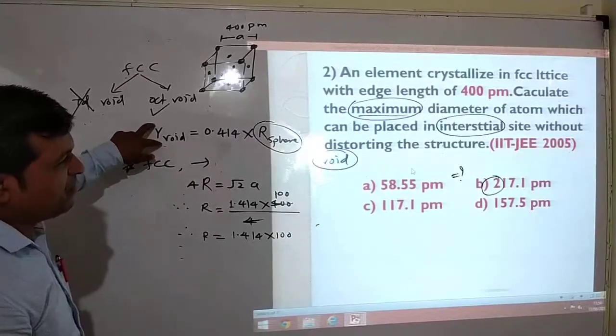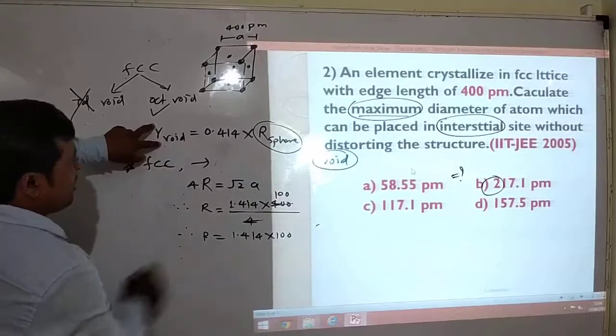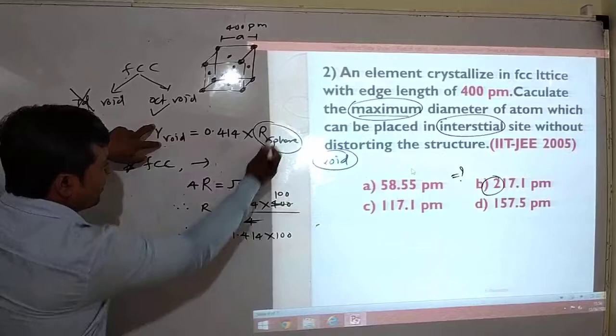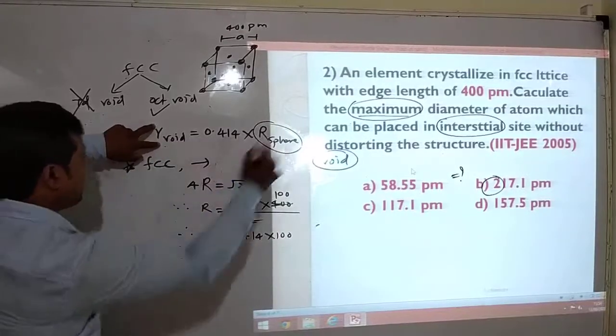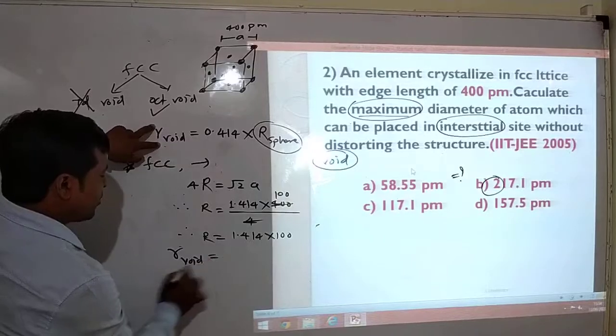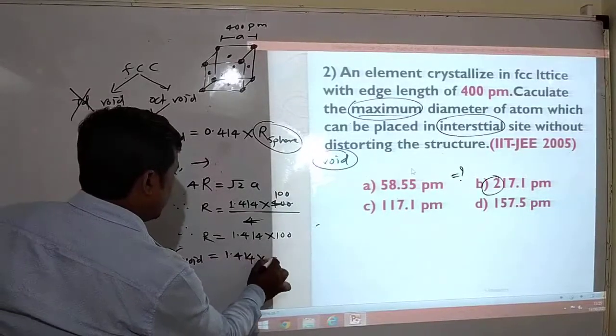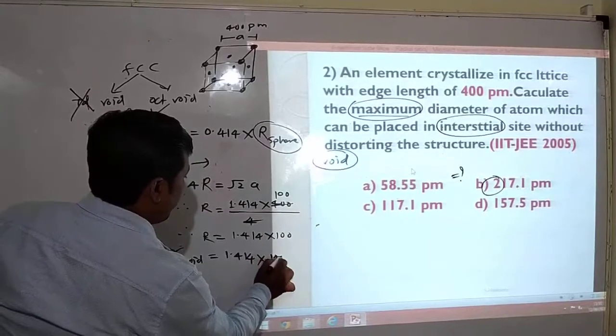Now, R void, that is octahedral void. So put the value of this capital R here in equation number 1. R void is equal to 0.414 into 1.414 into 100.